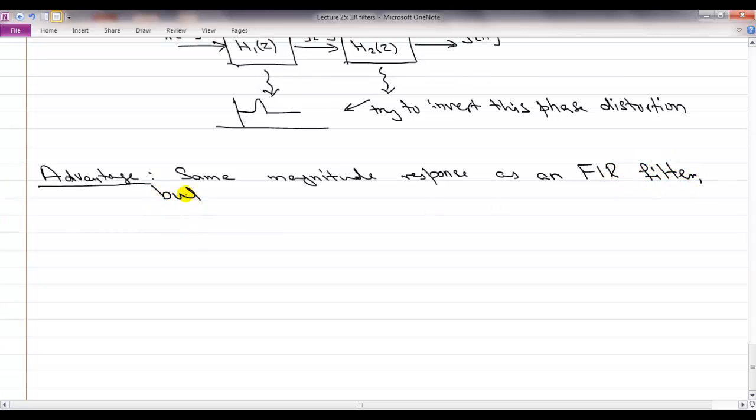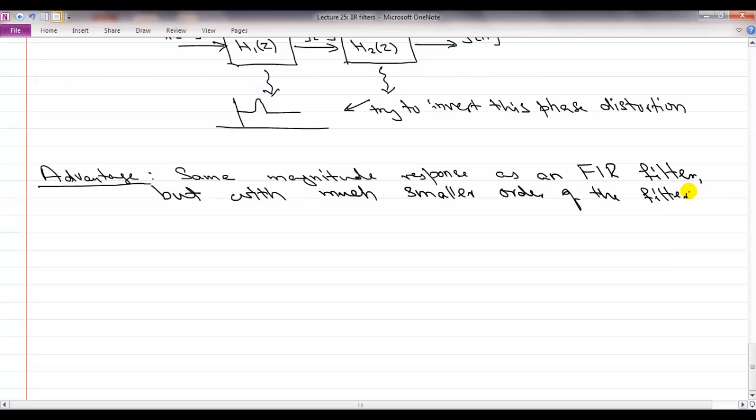but with a much smaller order of the filter. The order of the filter effectively translates into how many buffers you need to store the values, how many delay elements you need, or effectively how much computation time you need.